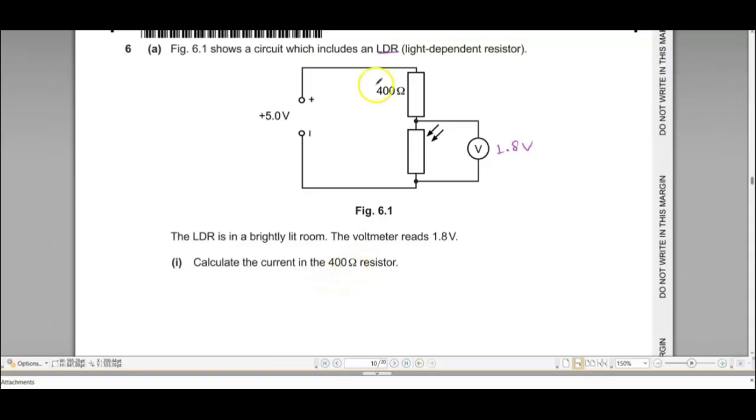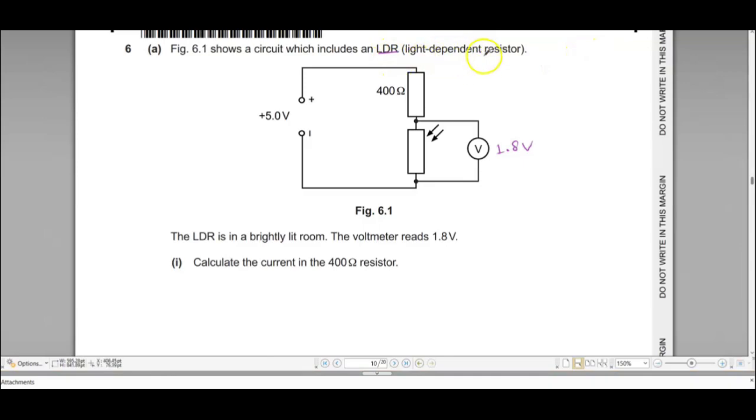Okay, let's first discuss what an LDR, or light dependent resistor, is.